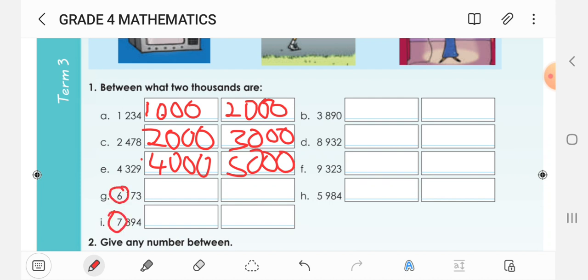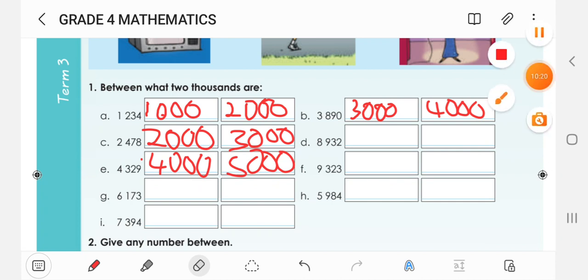We'll show you the beginning thousand. Like this one is between 3,000 and 4,000. How do we know that? We look at the beginning thousand. Okay, that's how you do it.